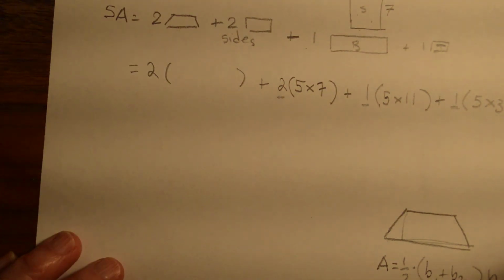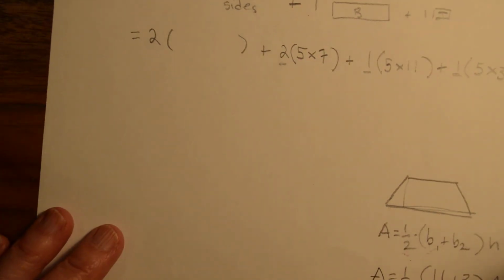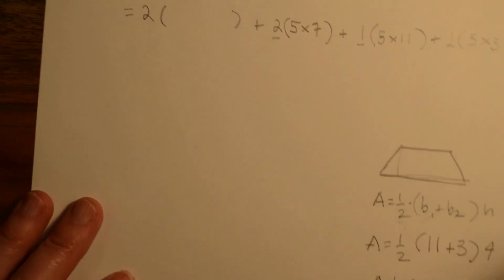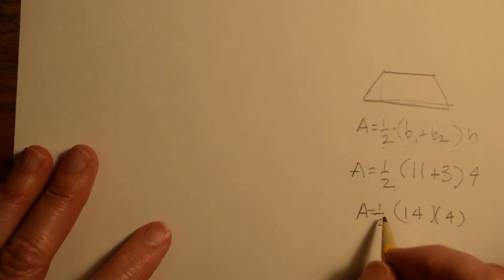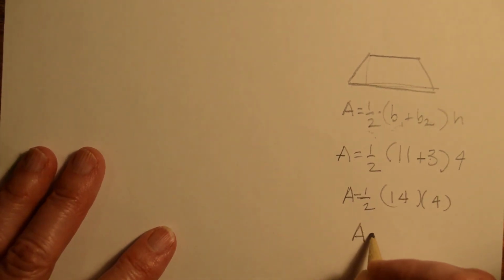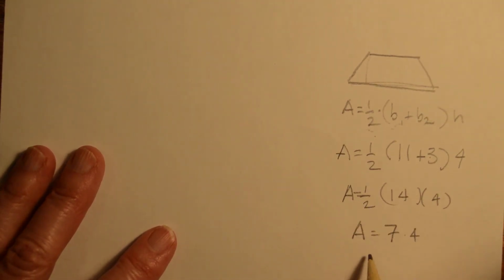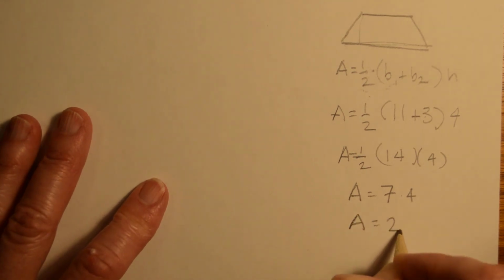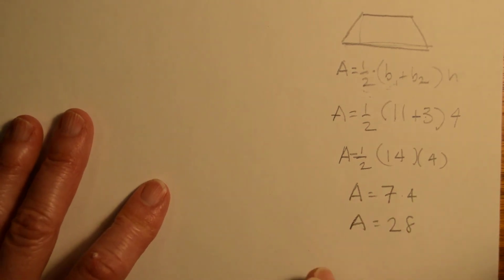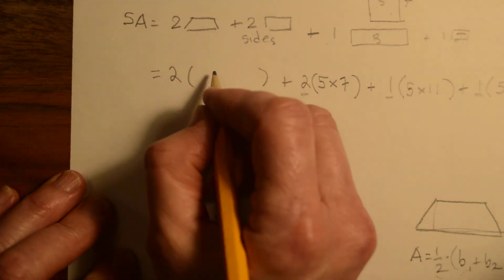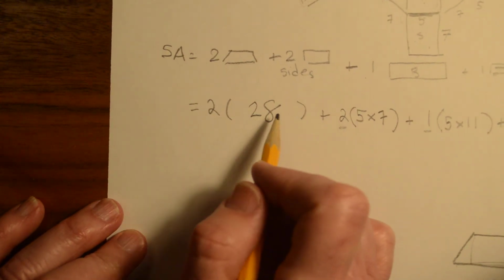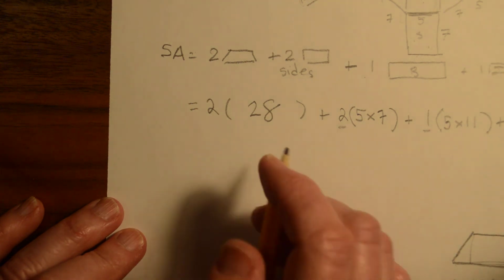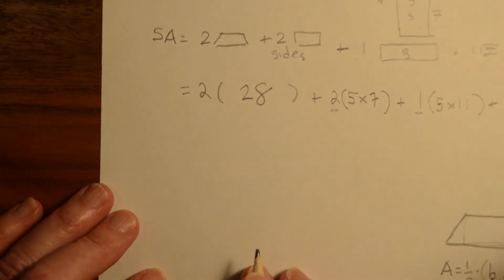Okay, 11 plus 3 is 14. So we've got half of 14 times 4. I'm going to take half of 14 and get 7 times 4, so that the area of our trapezoid is 28. And I'm going to bring that back up here into this formula. Again, if you want to do that all right here that we just did down here on the side, you can, but I'm just saving that just for all our information.